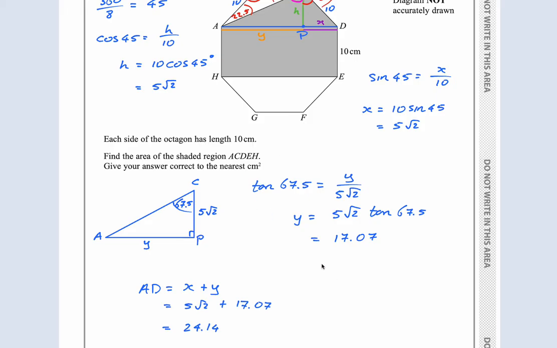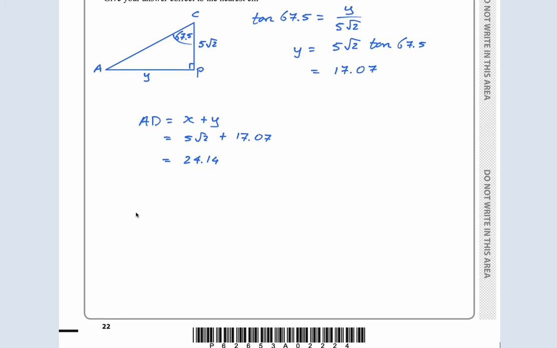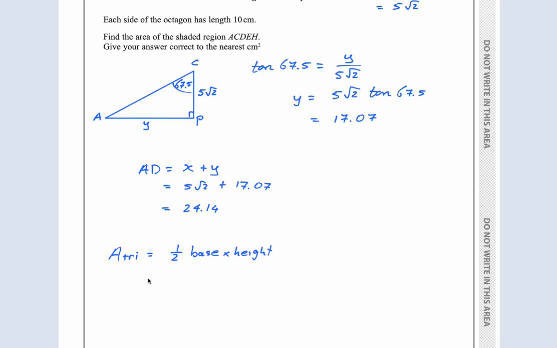Therefore, I'm going to do the area of the triangle. The area of the triangle is equal to a half base times height. So it equals a half times the base, which is this 24.14, because look, this is the triangle.